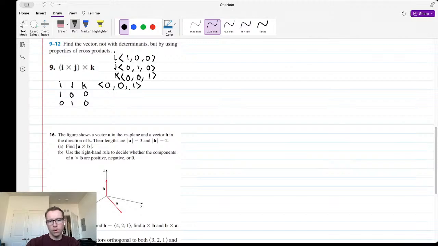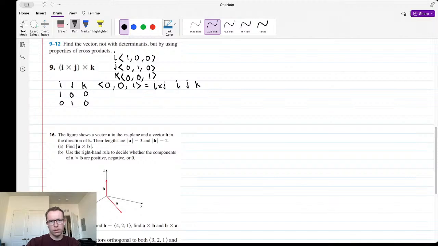Okay, so there's our first cross. And now that we know this is our i cross j, so now we can cross k with the i cross j. So we'll write this again: i, j, k.